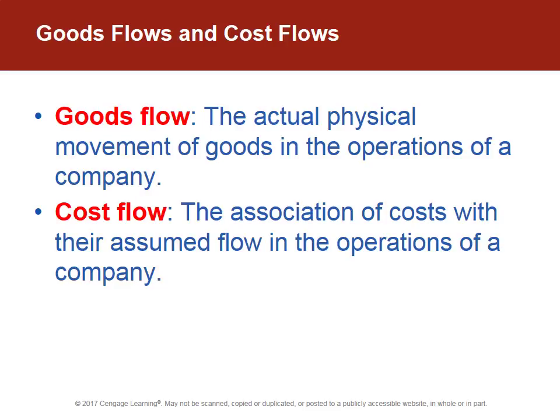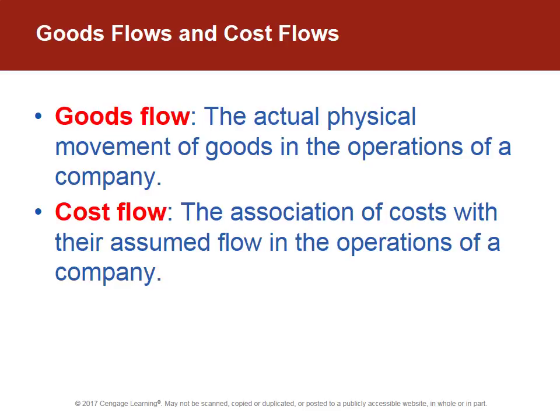And the person that owns the gas station paid a different price probably for a lot of that, because you know how gas prices can change from day to day, from week to week. So cost flow says, how do we assume the costs flow in the merchandise that we're selling, whether it's gas or bananas or meat or green beans or whatever, versus goods flow is how are they actually physically moving.